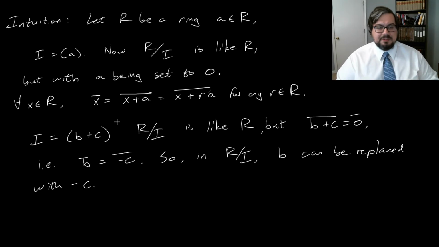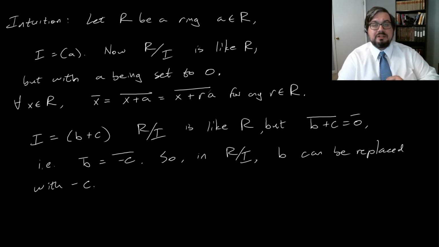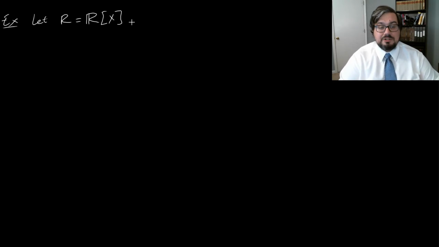Let's see how this works in the next example, which uses the same ring R as the last one, but with a different ideal. Let R be the set of polynomials in the variable x with real coefficients, and let J be the ideal generated by the polynomial x cubed minus 4x plus 1.